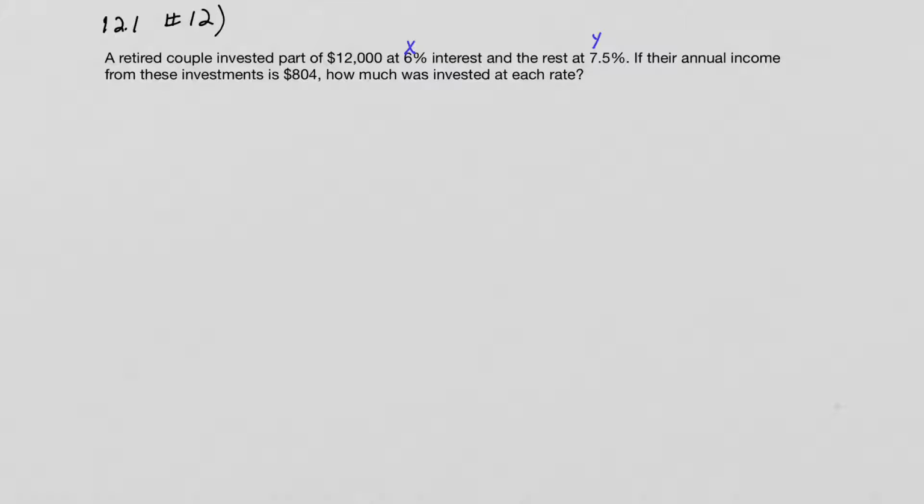So the interest would be 0.06 for the 6% times X, and then we have interest from the 7.5% account as well, so we'll add that to 0.075 times the money invested at Y. So the total interest comes from the 6% and the 7.5%, and that total interest comes to $804.